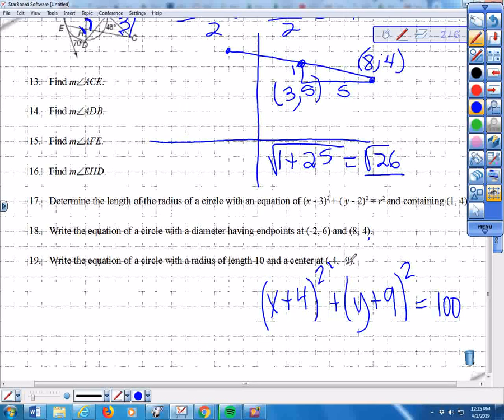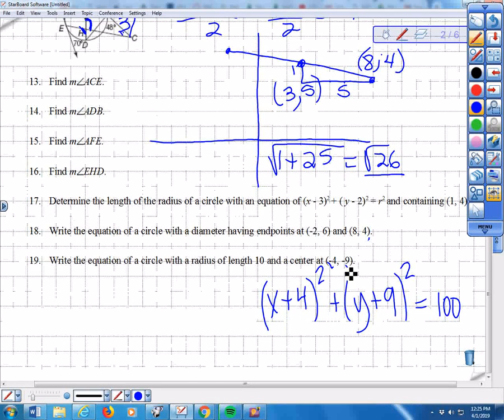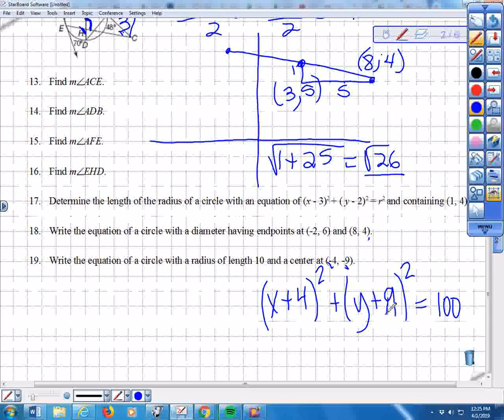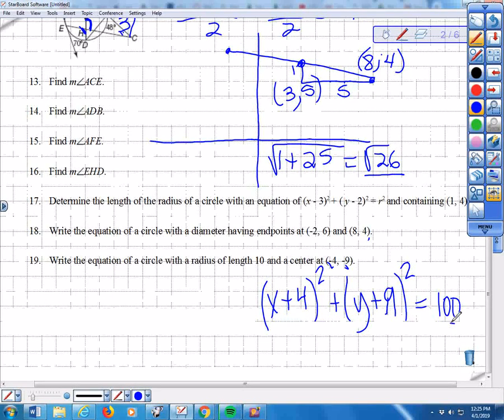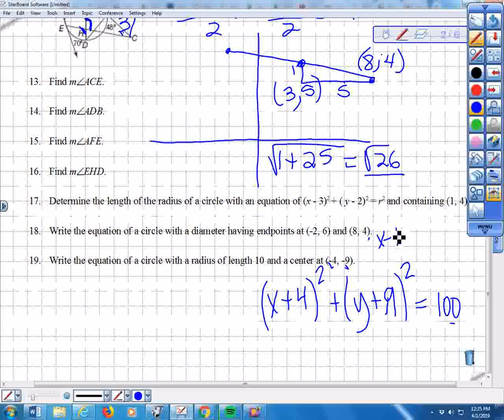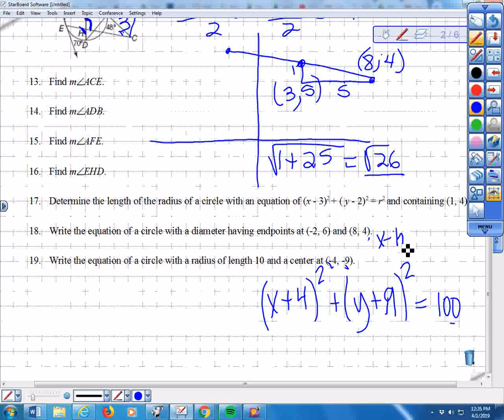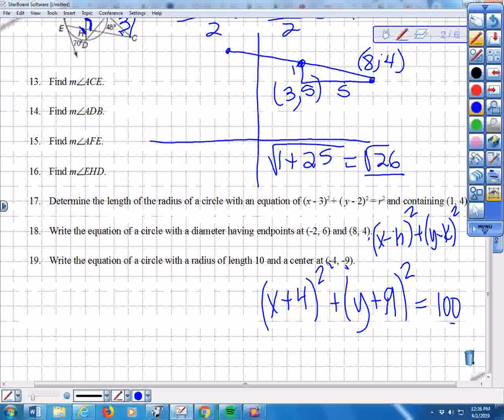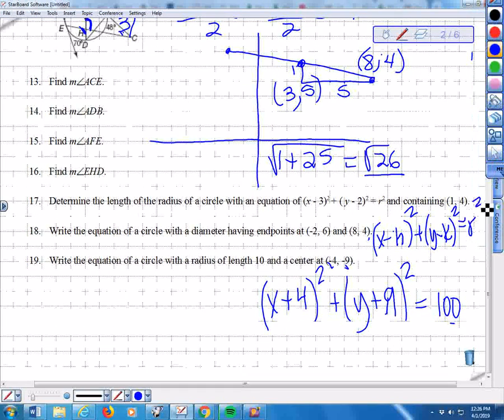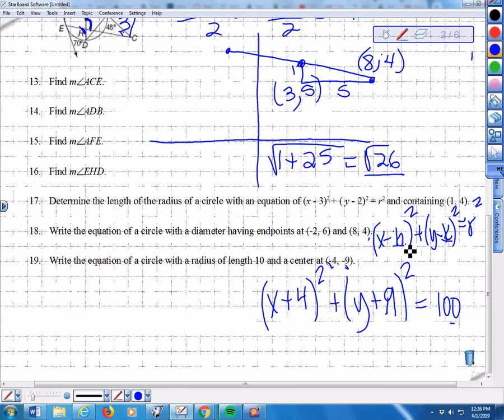Y minus the y-coordinate, y plus. And the radius is 10. Radius squared is 100. So you've got to know this formula. X minus h, where h, k is your center.